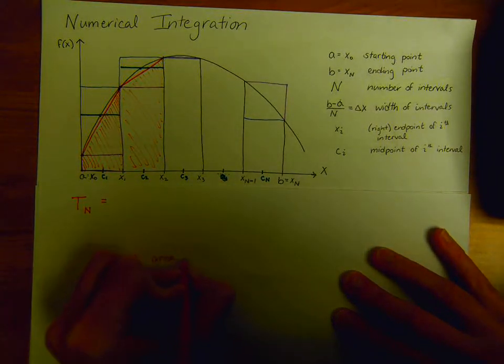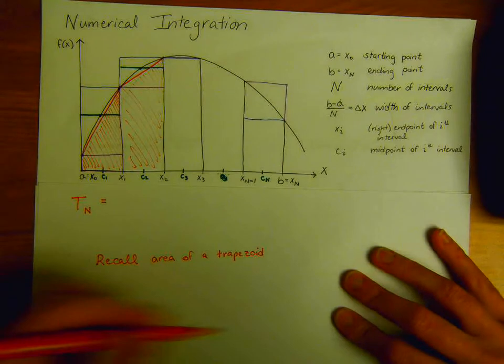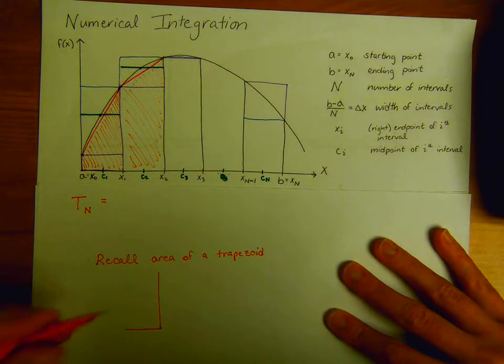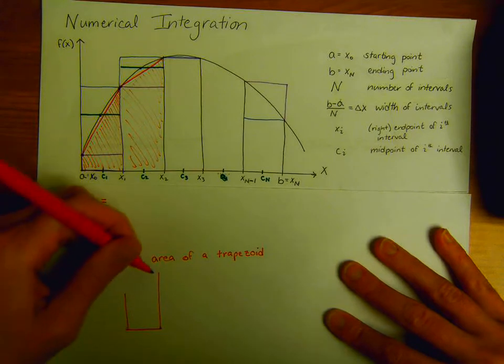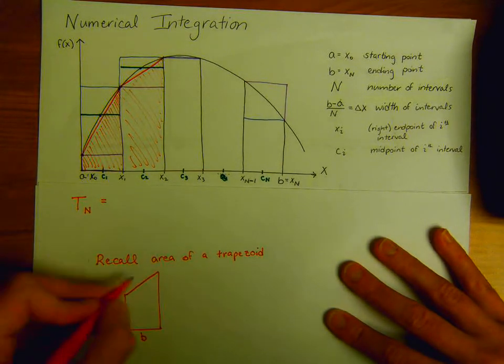The area of a trapezoid, especially these right trapezoids are a little bit easier to visualize, is going to be the base of the trapezoid multiplied by the average of the heights.